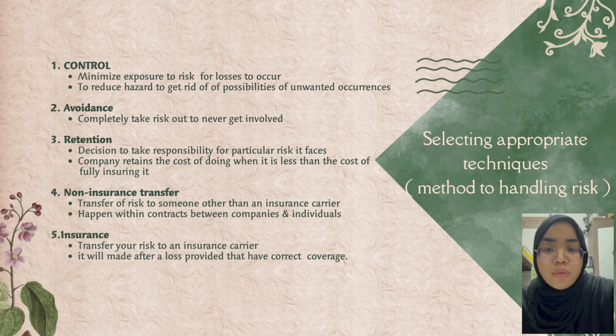It is the transfer of risk to someone other than an insurance carrier. It happens within contracts between companies and individuals in the fine print of certain services. For the last, insurance. You can transfer your risk to an insurance carrier. It will see that you will be made whole after a loss, provided you have the correct coverage. If you accidentally hit someone with your car, the insurance will pay first.